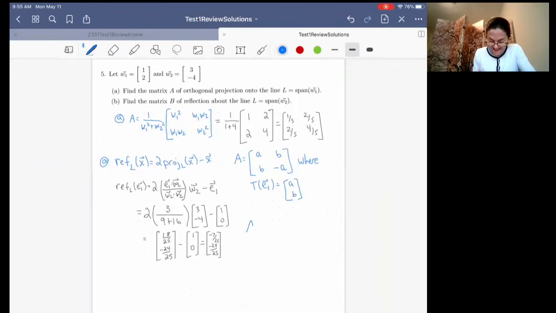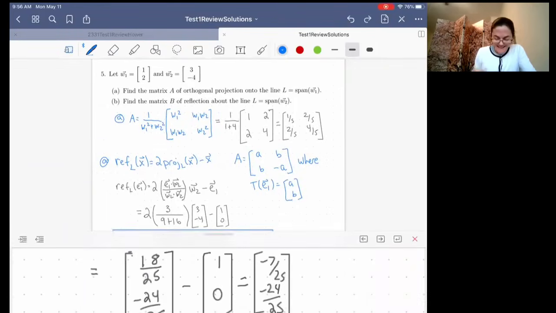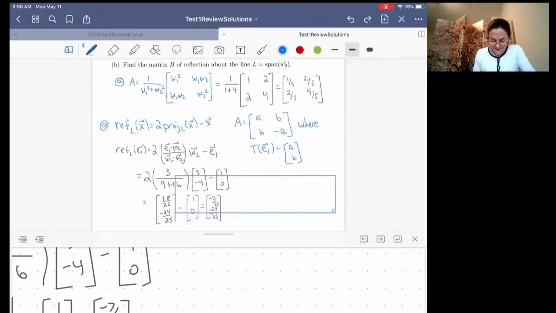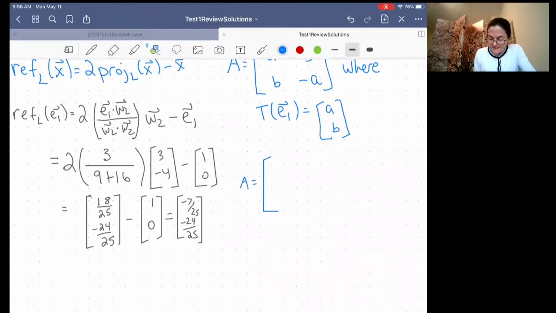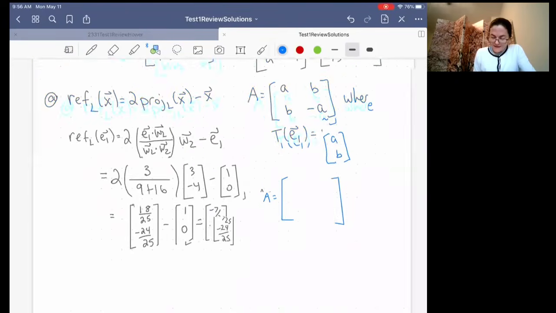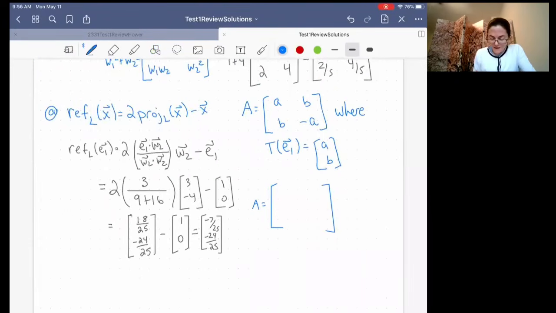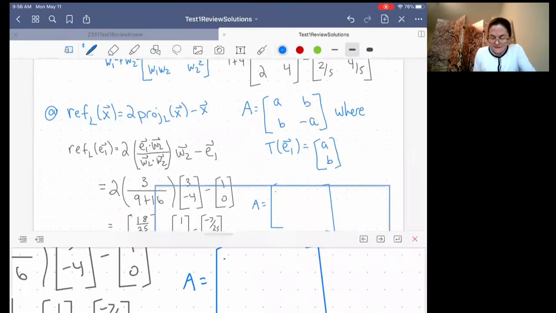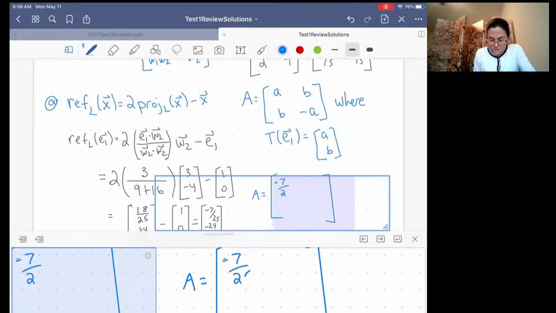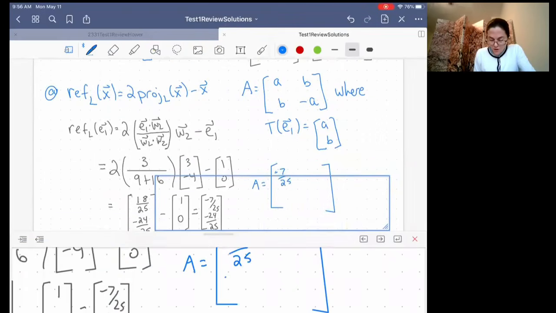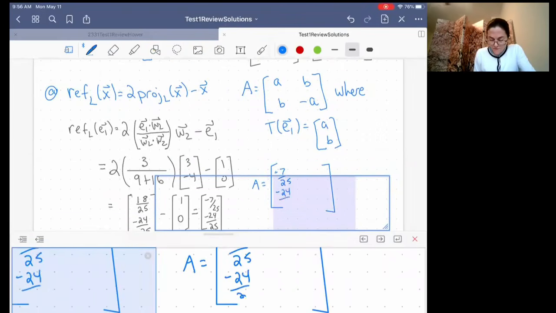So A, let me get this actually. Oh no, now we can't see the problem anymore, but that's okay. We have all the work we can see. Actually here. Let's fill it in. Minus 7 over 25. Minus 24 over 25.